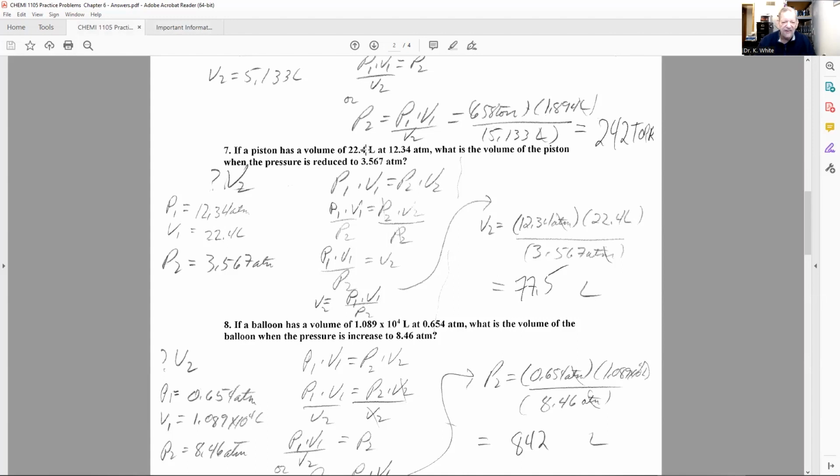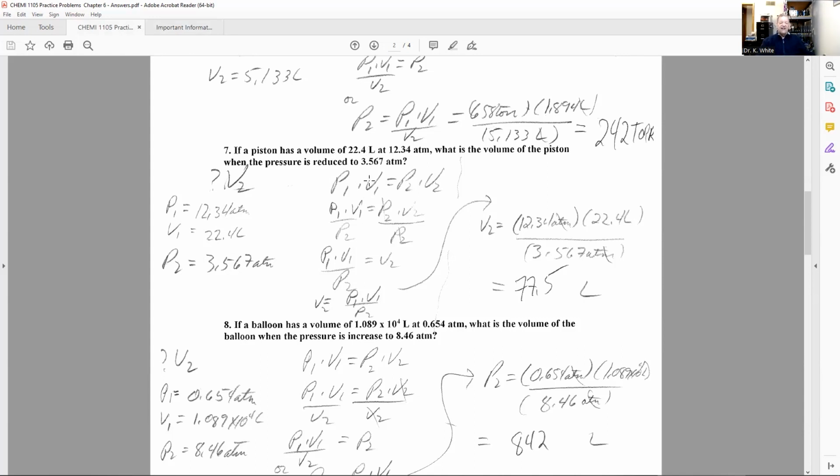The initial 22.4 liters is the volume, V1. The 12.34 atmospheres, the initial pressure, P1. And when the pressure is reduced to 3.567, that's P2. So we're trying to solve for V2.